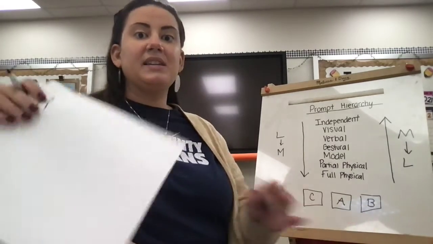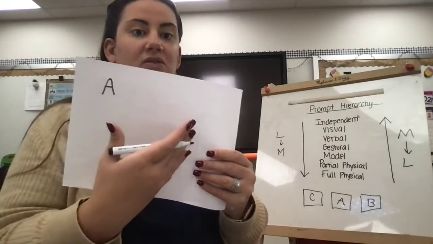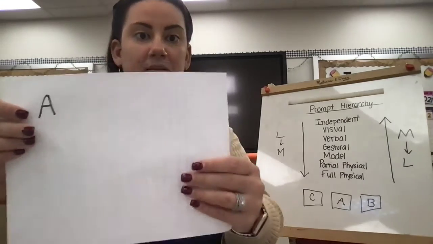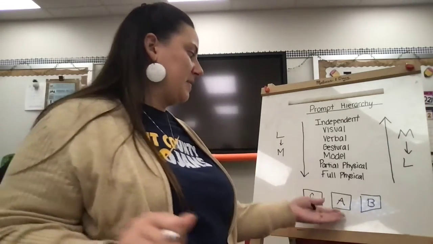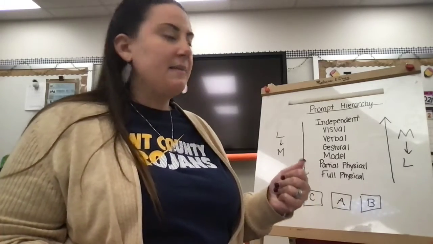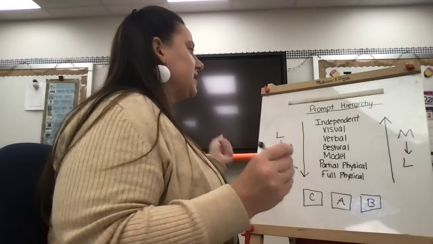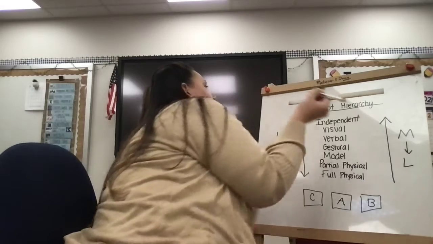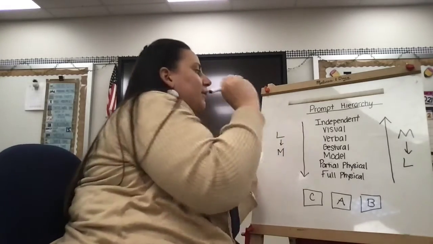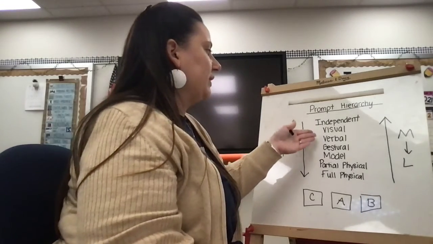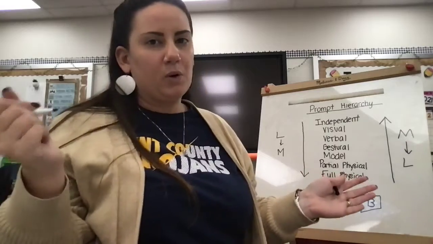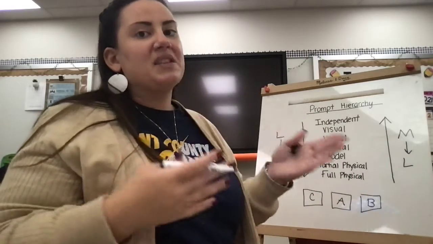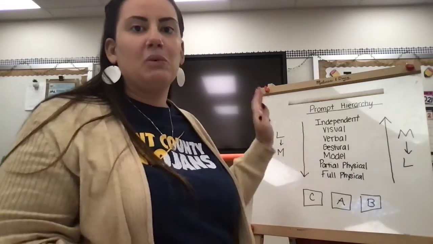I'm visually giving them some assistance, and then they are able to pick up the letter A. And then you would mark that on your data sheet as visual, written out, or V. Because there's a visual and a verbal, usually you'd have to write the word out, unless there's something specific on your data sheet that tells them apart.